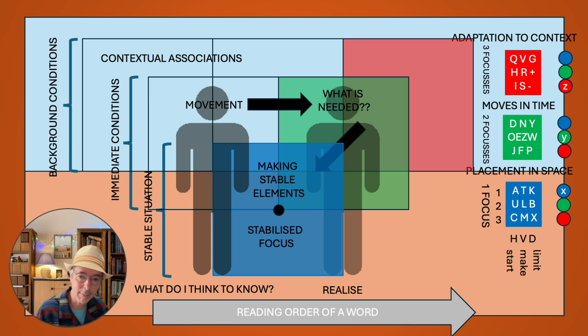I have to adapt a little bit. When I am really sure what I have in my hands, let's say, it's in the blue zone. I have a stable focus and I can work with it directly. Certain letters work for that. So that's one kind of focus.